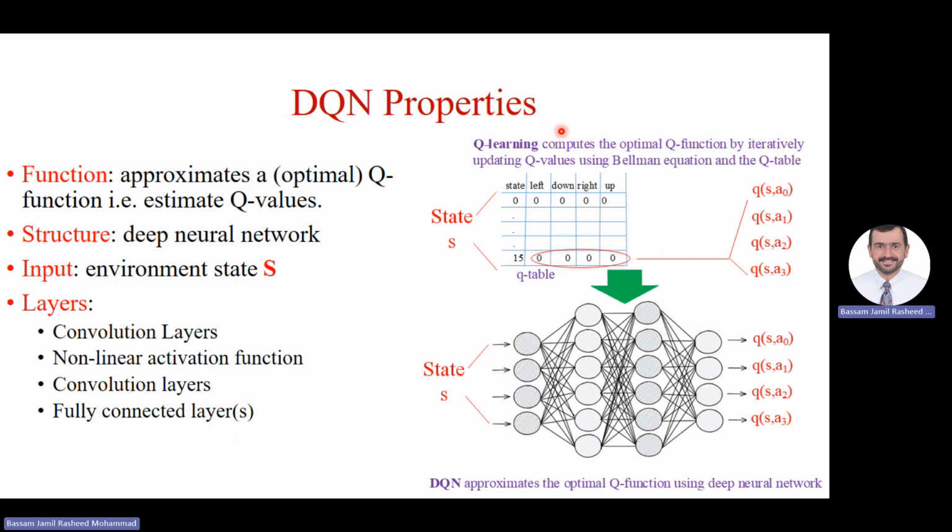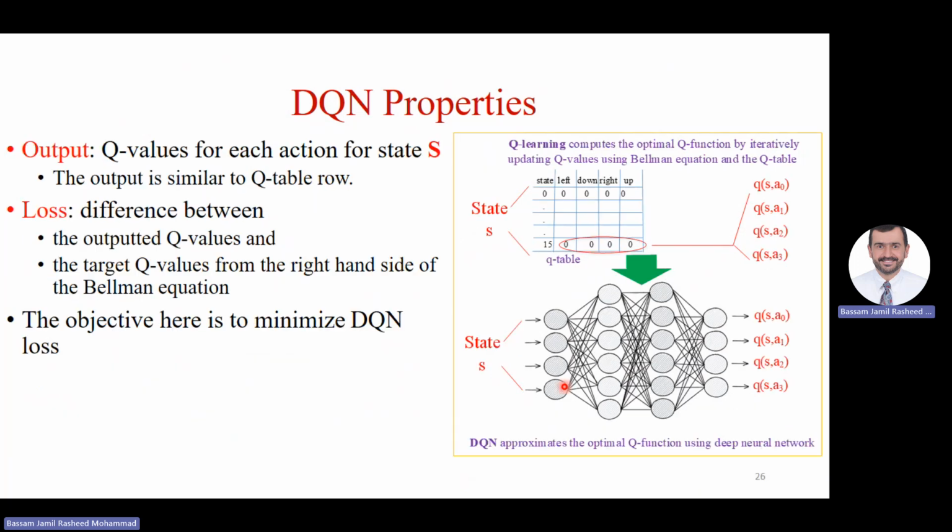So Q learning computes the optimal Q function by iteratively updating the Q values using the Bellman equation. That's in the Q learning algorithm. But in DQN, we replace this: DQN approximates the optimal function using deep neural networks. So basically, we are approximating this Q table with the neural network.